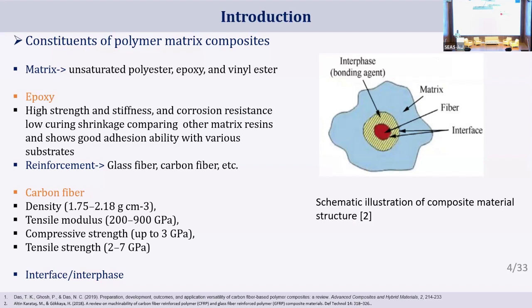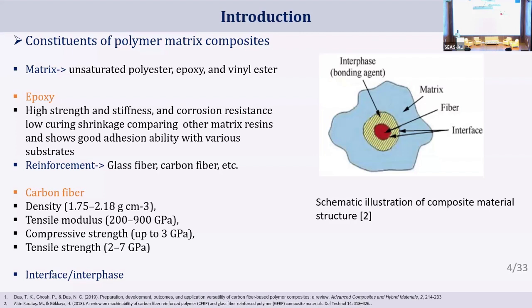The major strength comes from the load transfer from the epoxy to the carbon fiber. If this interface strength is higher, then the load transfer from the epoxy to the fiber will be higher. So this is the major region to get higher mechanical properties.